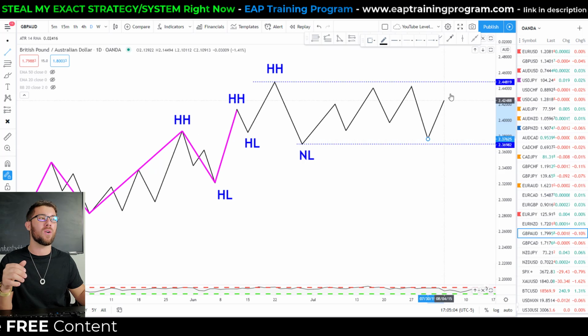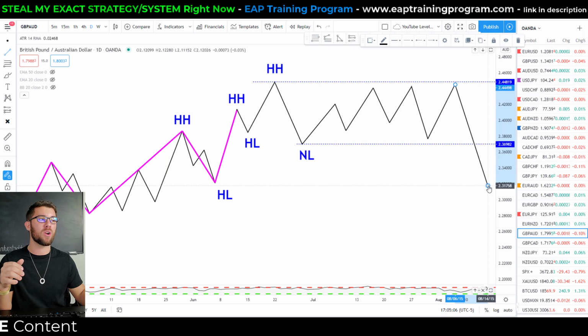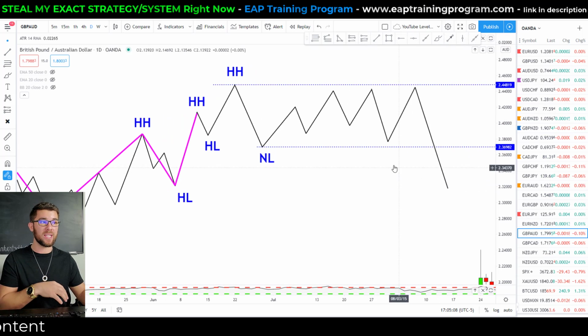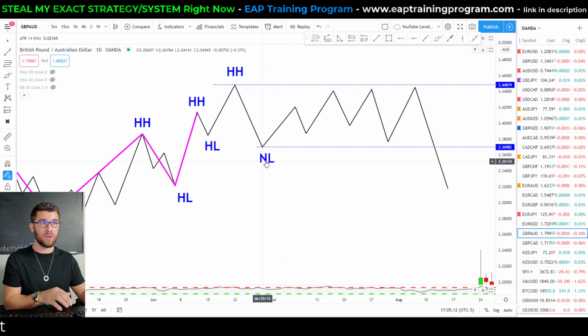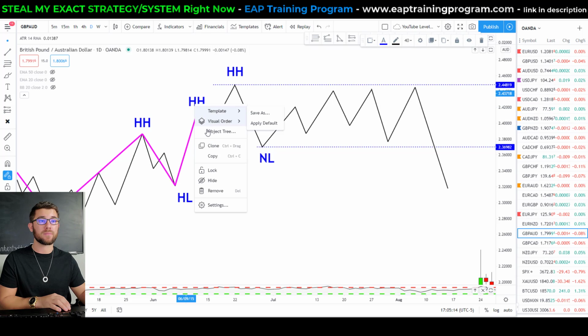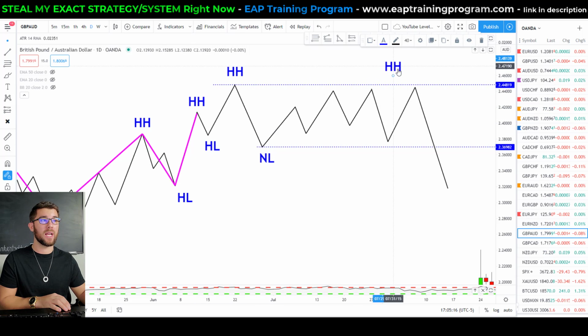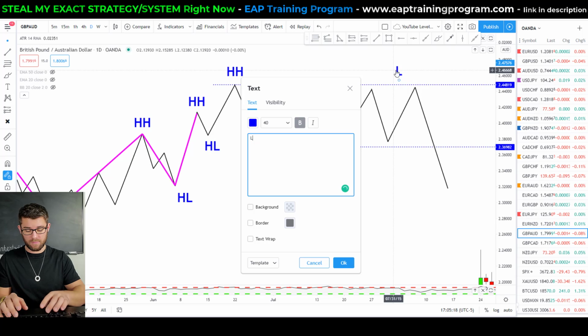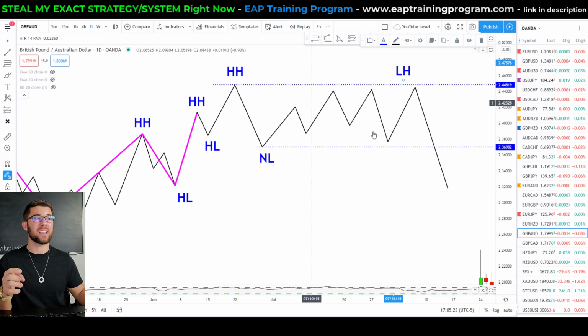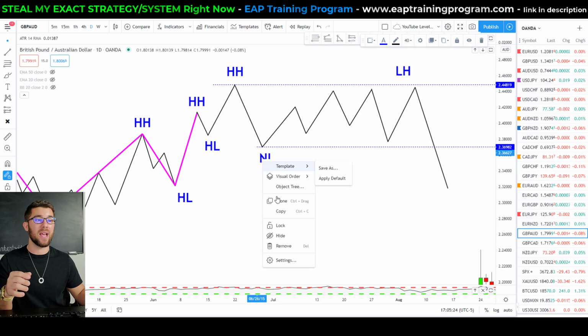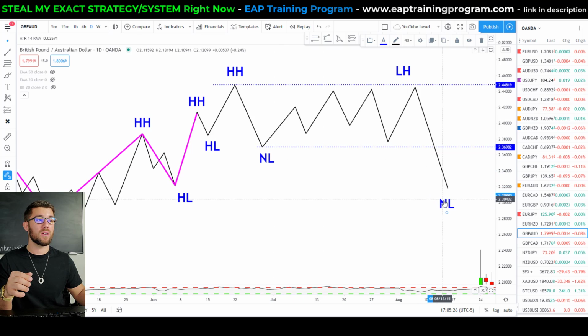But what I'm waiting on, essentially, is to see this market either do that, in which case, what do I count this as? In this case, I would have this as my new low. I would have this as my lower high, or even high if it was real consolidation. We came back up here and tested that, and then I would have this as my lower low.